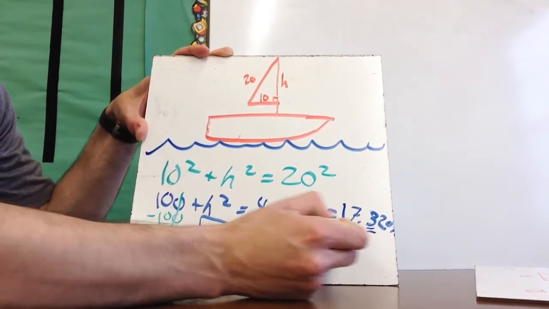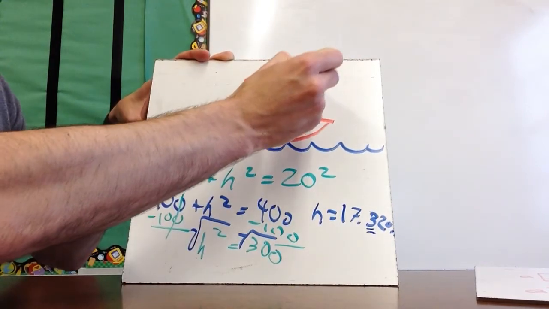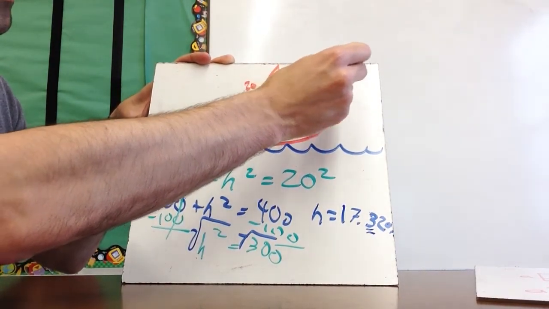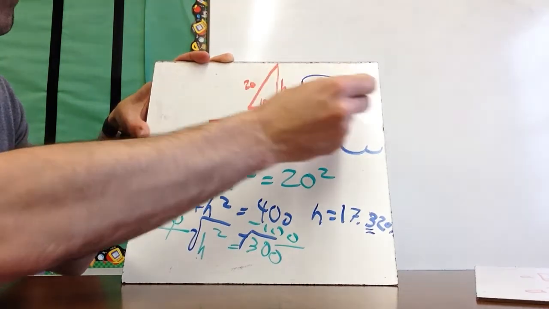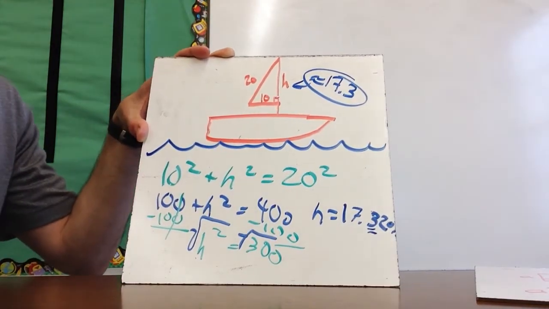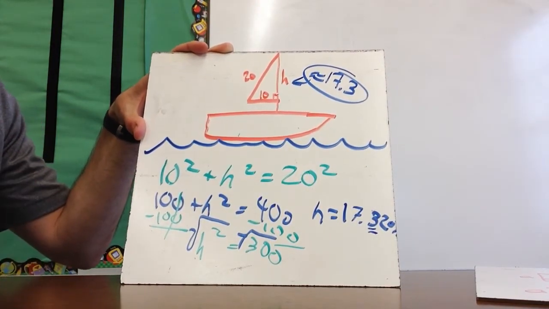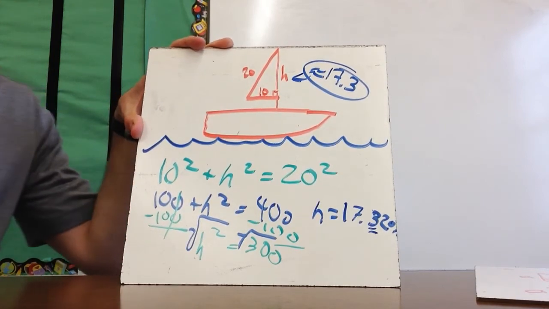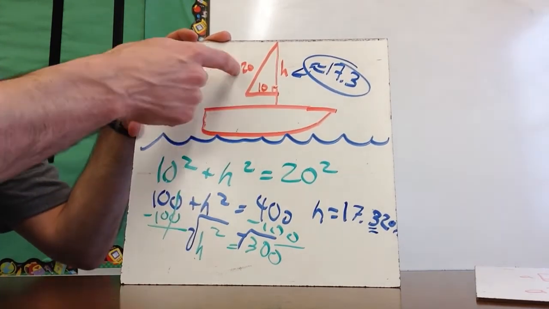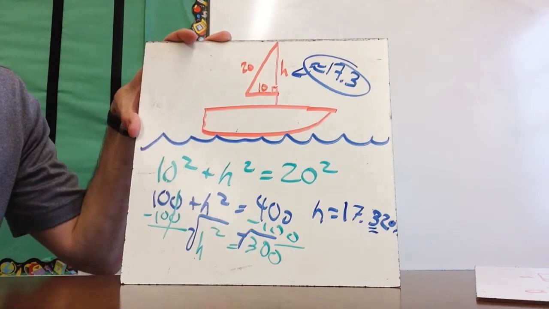I'm going to round to the nearest tenth, which means this is approximately 17.3. Keep in mind that you may not always be finding C squared. There are times when you may have to find A or B, and so you'll have to use the Pythagorean theorem in a slightly different way.